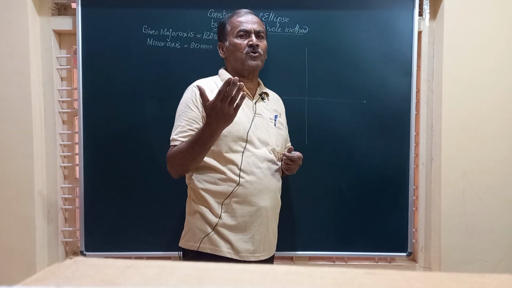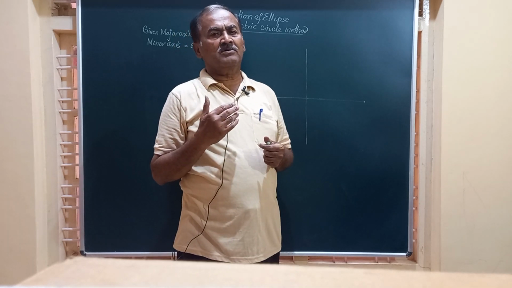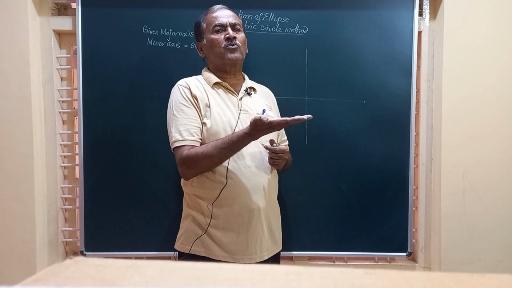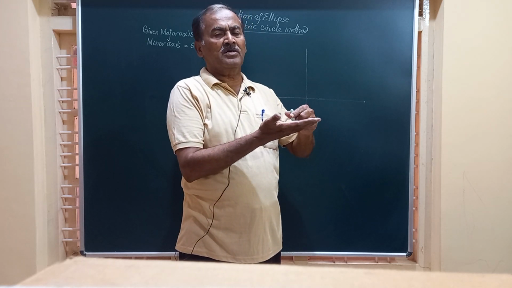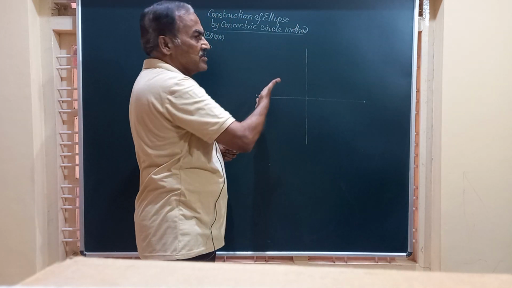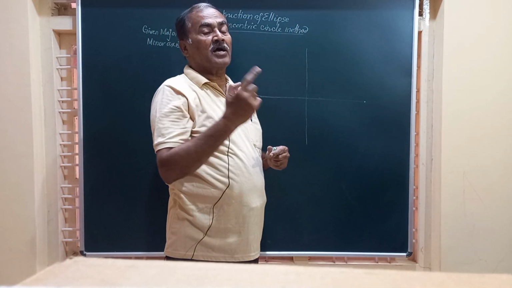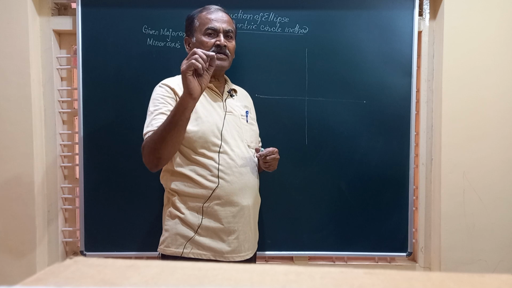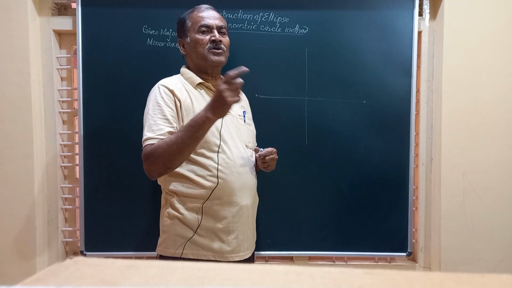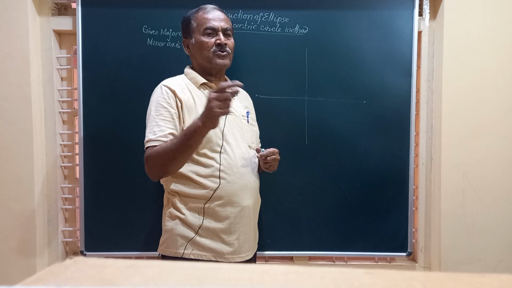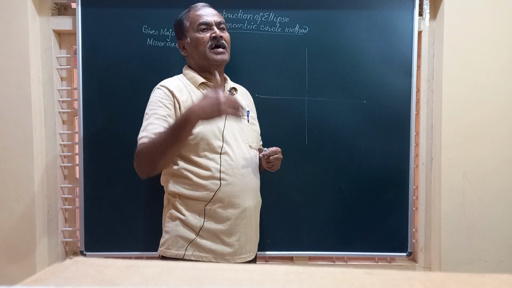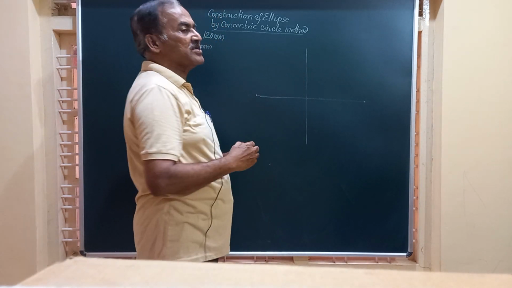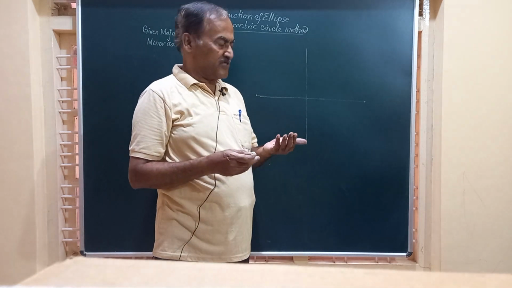So first of all, we should know what an ellipse is. Friends, if you have a right circular cylinder resting on one of its circular ends on HP, and it is cut by a section plane which is perpendicular to VP and inclined to HP, the true shape of the section you obtain is an ellipse, which will have the minor dia equal to the diameter of the circle, and the major dia or major axis depends on the inclination of the section plane with the HP.